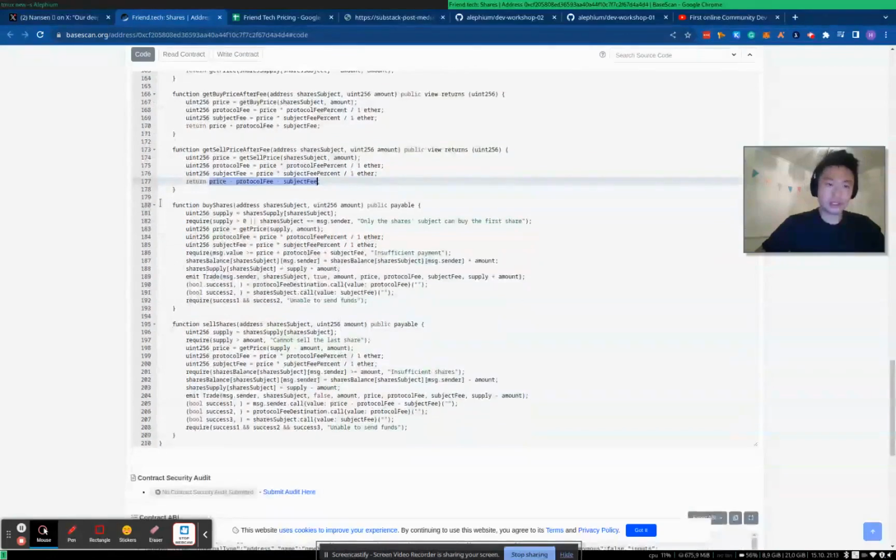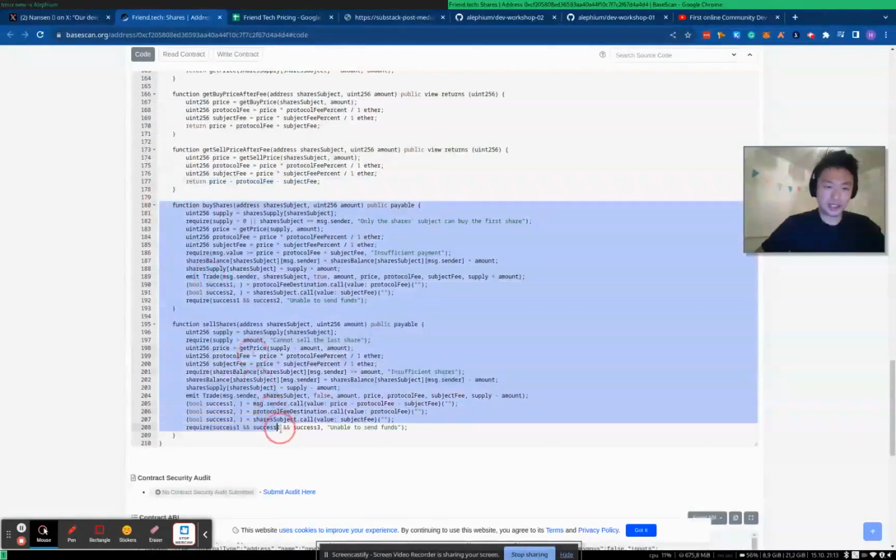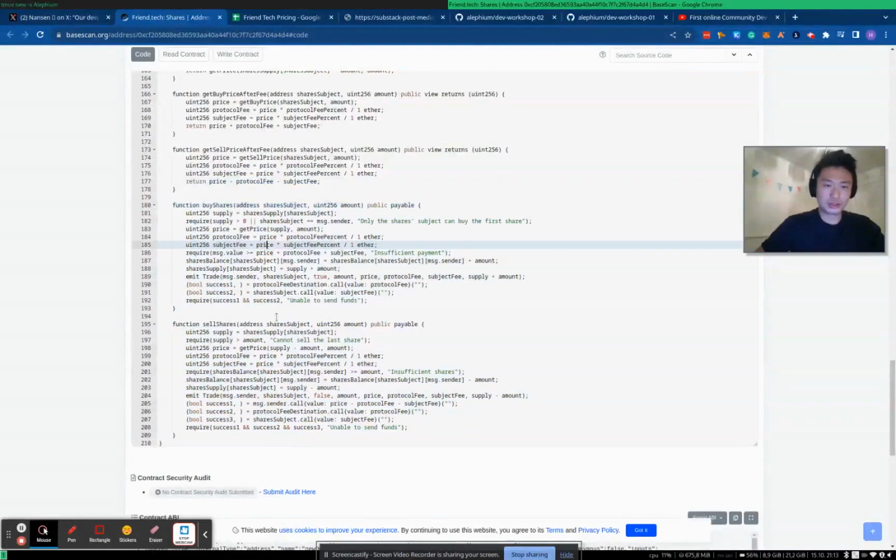And then there are the buy and sell share functions. At a high level, these 2 functions not only calculate the price, protocol fee and subject fee, but also move the assets to the appropriate destination. For example, the protocol fee goes to the protocol, the subject fee goes to the subject, the buyer pays the fee, the seller gets the fee, and so on and so forth.